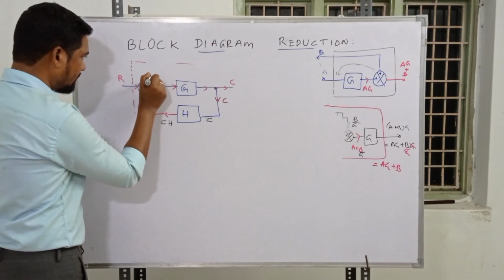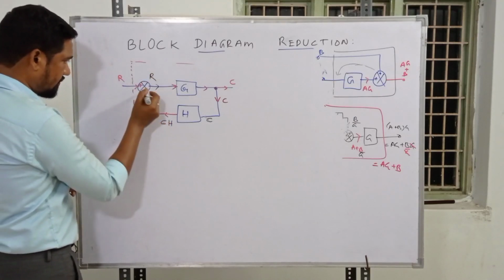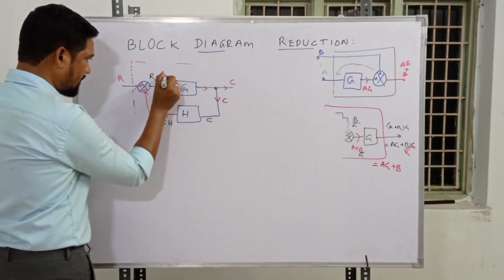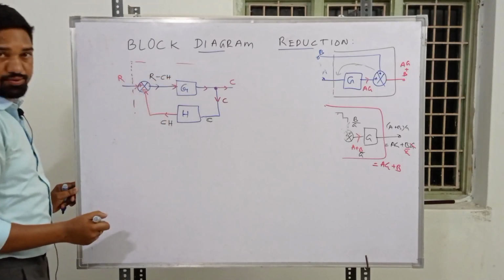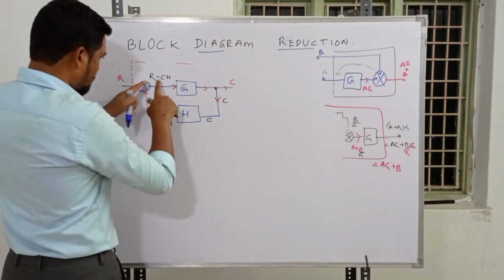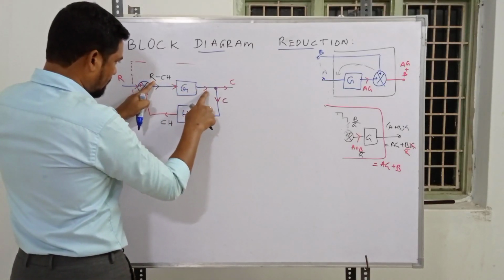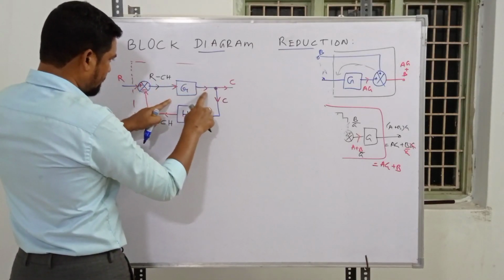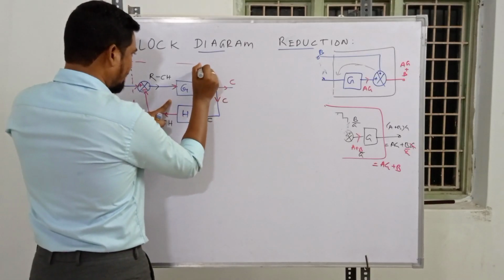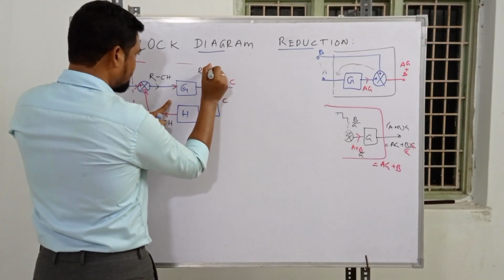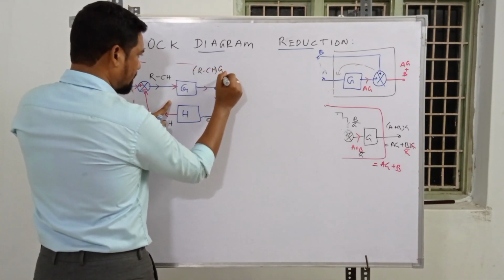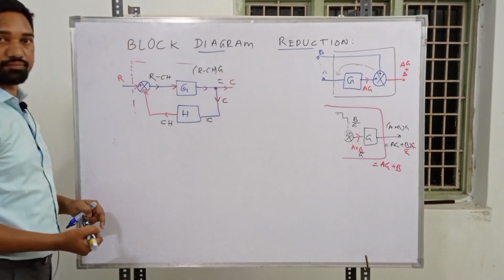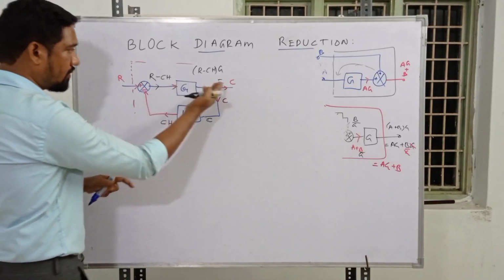R from this side, and CH from this side, subtracted: R minus CH. So what will be the signal after the block? It's R minus CH multiplied with the transmittance G, which is equal to C only.